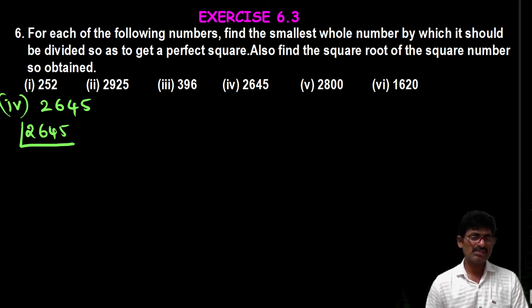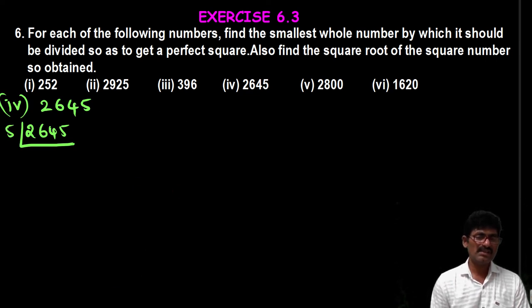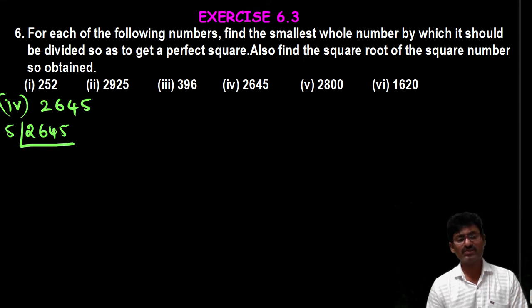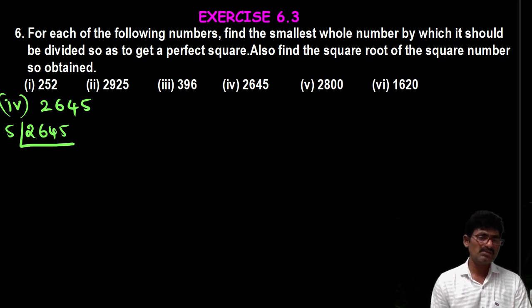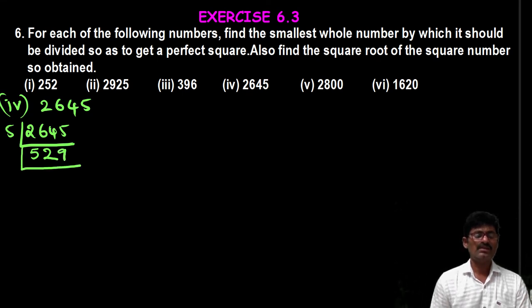So let us try with 5. Why? Because in the units digit we have 5. So it will be divisible by 5. So 5 times 5 is 25. 25 subtracted from 26 gives 1. So beside that 4 we have 14. So 5 times 2 is 10. 4 will be remaining. 45 means 5 times 9 is 45.